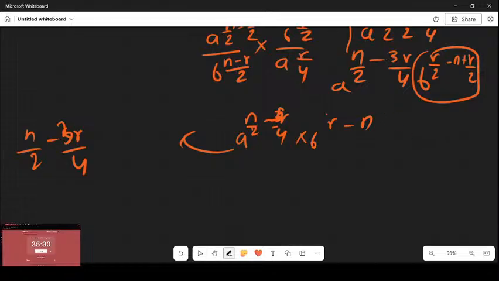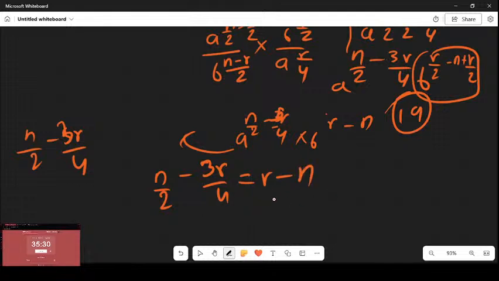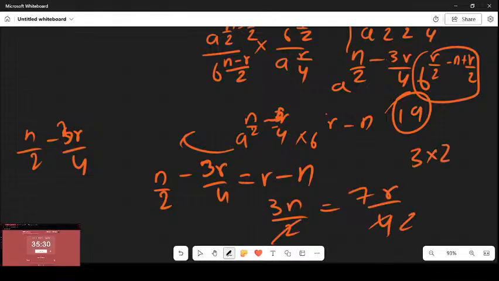Okay, 19th term means I got how much? n by 2 minus 3r by 4 is equal to r minus n, right? If I transfer, this is 3n by 2, which is nothing but 7r by 4. 2 gets cancelled. 3 into 2 into 21 is equal to 7r. Here 3, 6 into 2, 12. That is nothing but the 13th term.